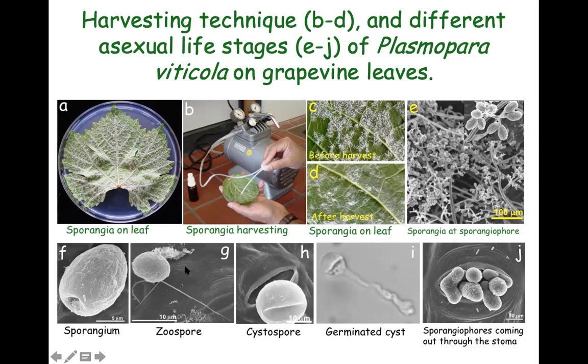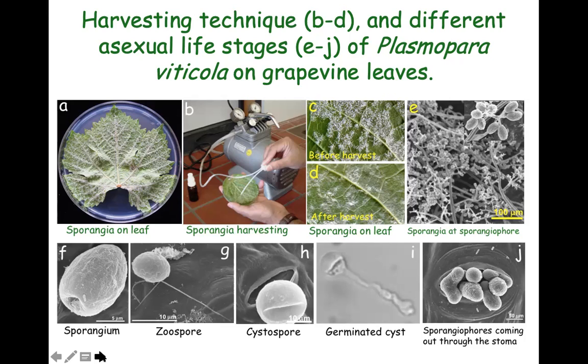I found that they produce zoospores in the medium, and it was a long story because nobody was successful, but I was successful in developing the zoospores in high quantity, and then cystospores, and I also got the germinated cysts. And here, after inoculation on the leaf, after a few days, you can see how mycelia come out to make this type of sporangiophore.